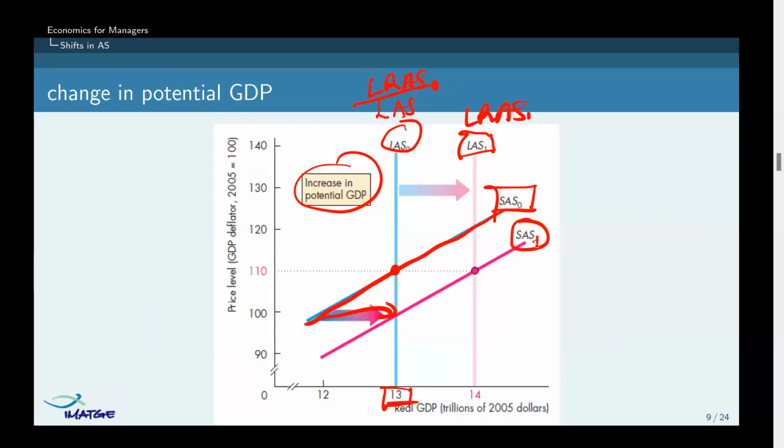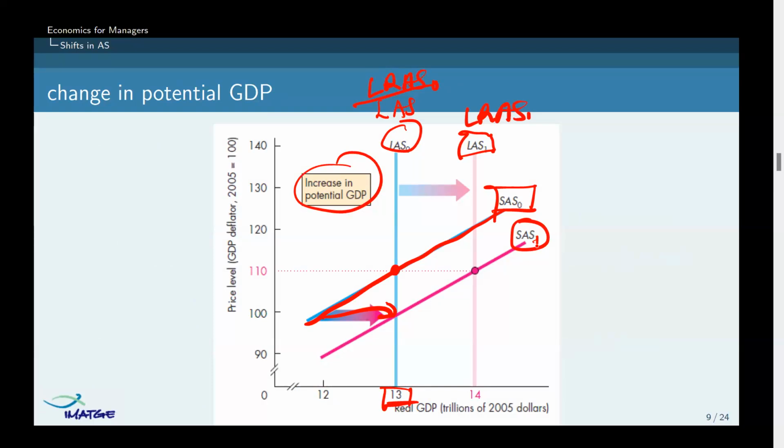Just to interject, so I get clarity, the reason why we would have both the LAS and the SAS is because it will first start in the short term and then ultimately move to the long run. Am I correct to say that?